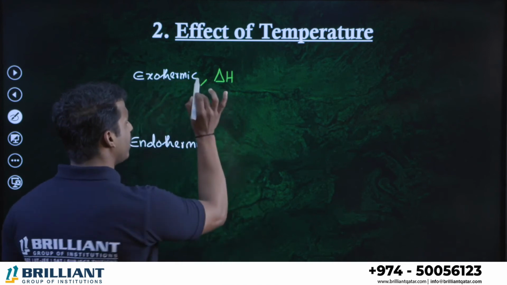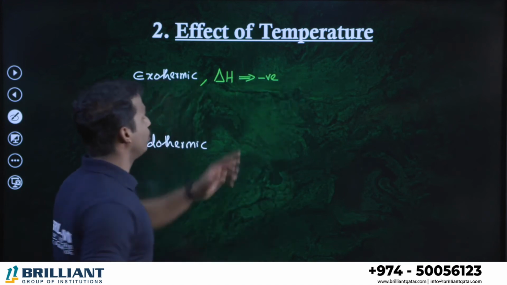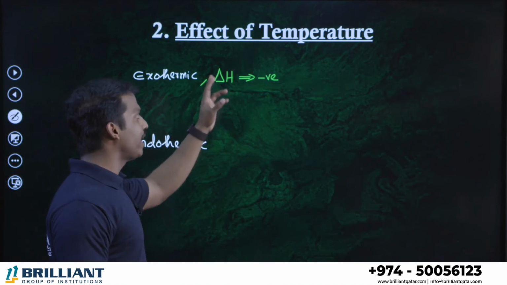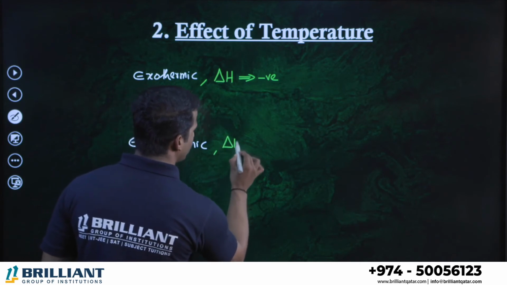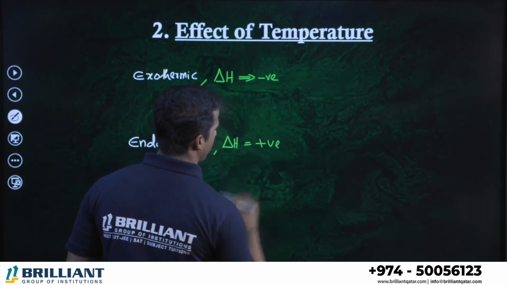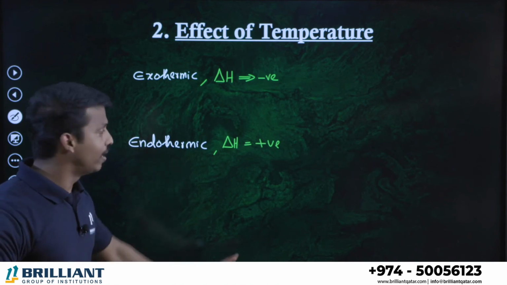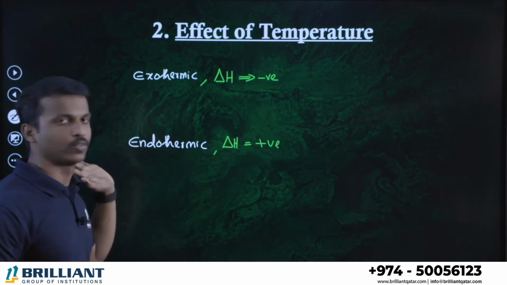If the delta H value is negative, you can say that it is exothermic. If the enthalpy change is positive, that's called endothermic. Fix it in your mind. Delta H negative means exothermic. Delta H positive means endothermic.